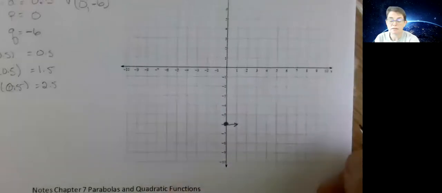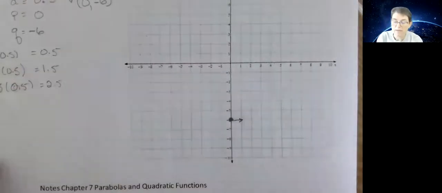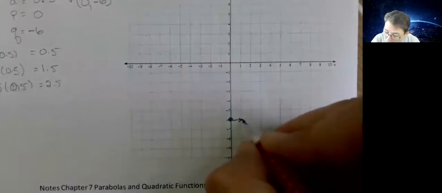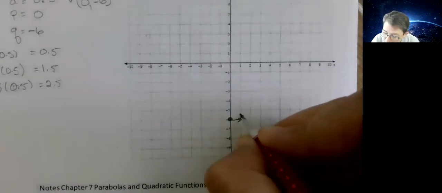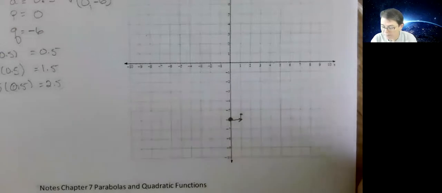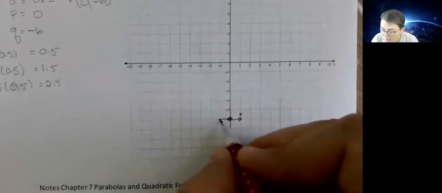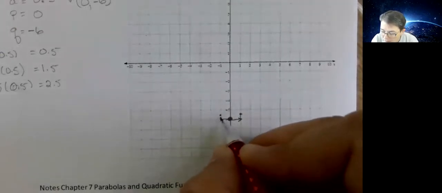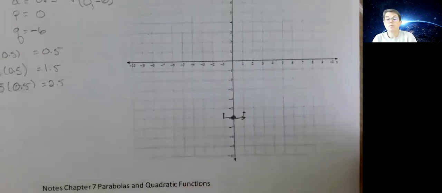How much up? 0.5, right? So we're going to go half up. So right to about there. And then it's 1 out and half up. So you know that when A is less than 1, it's going to be pretty flat.